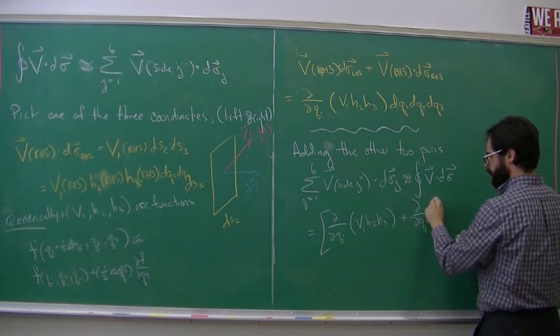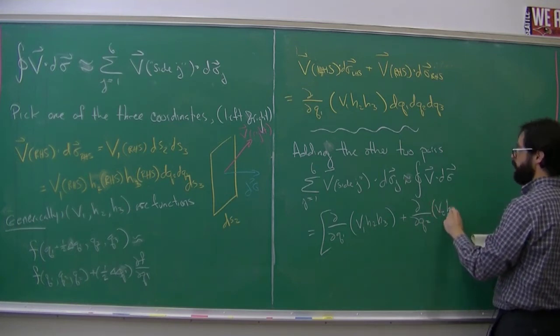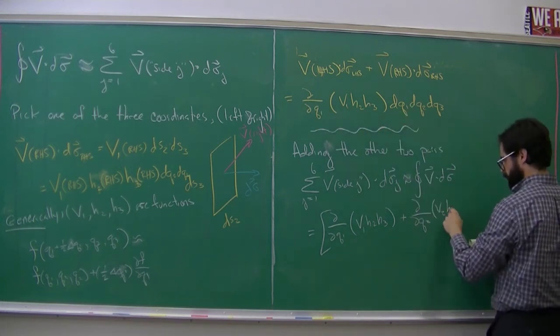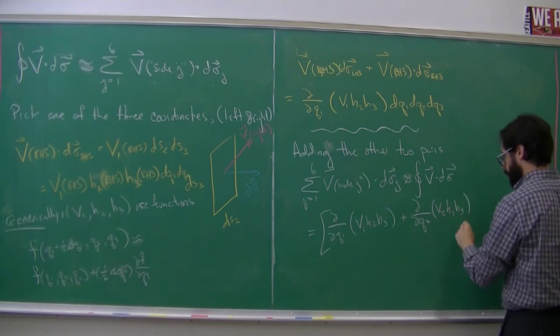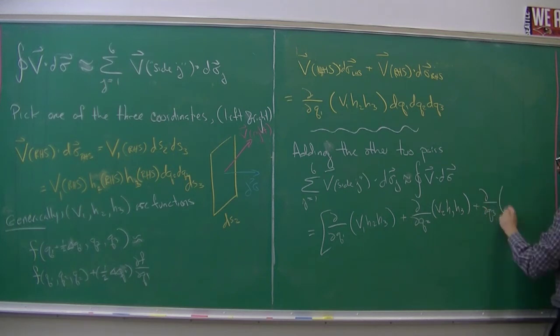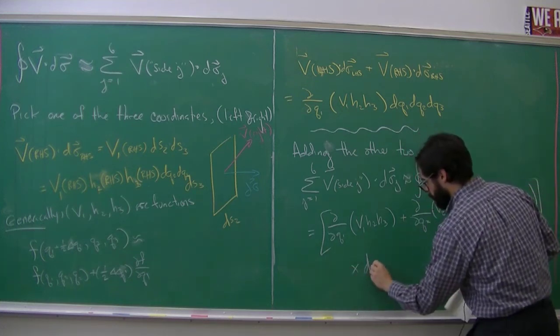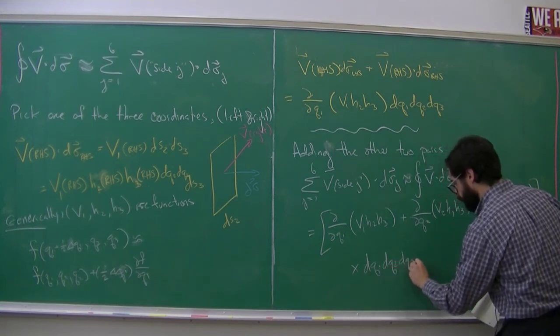So if you're kind of a combinatorically minded person, you'll realize all you need to do is permute 1, 2, 3, and all the even permutations. So H1, H3, and then dq3, v3, H1, H2. And I ran out of room, so times dq1, dq2, dq3.